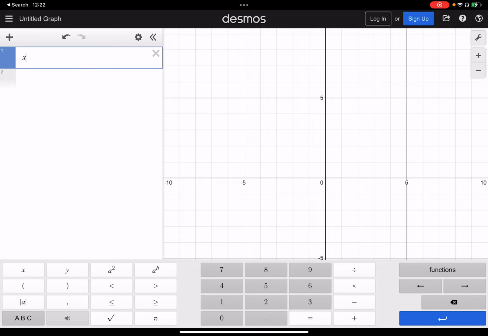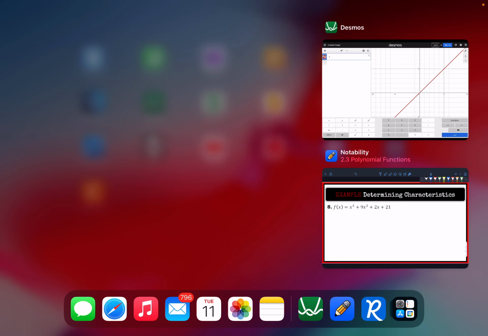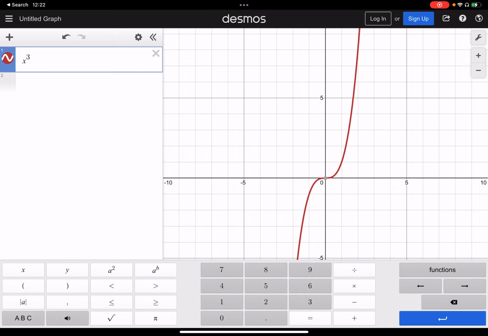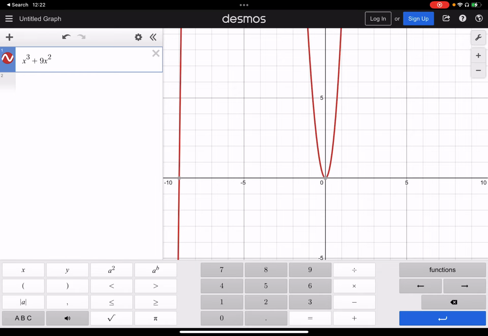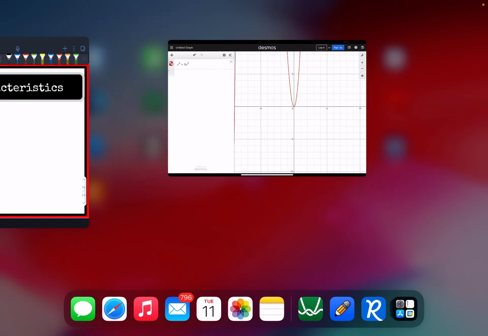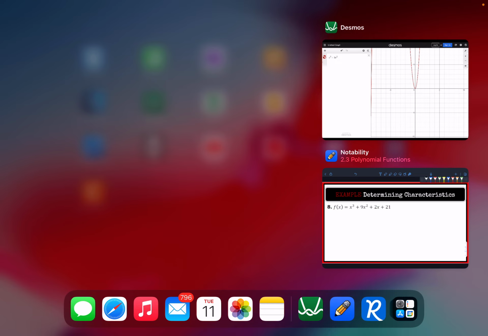So we're going to type in x to the third power plus 9x squared plus 2x plus 21. So x to the third power plus 9x to the second power plus 2x plus 21.